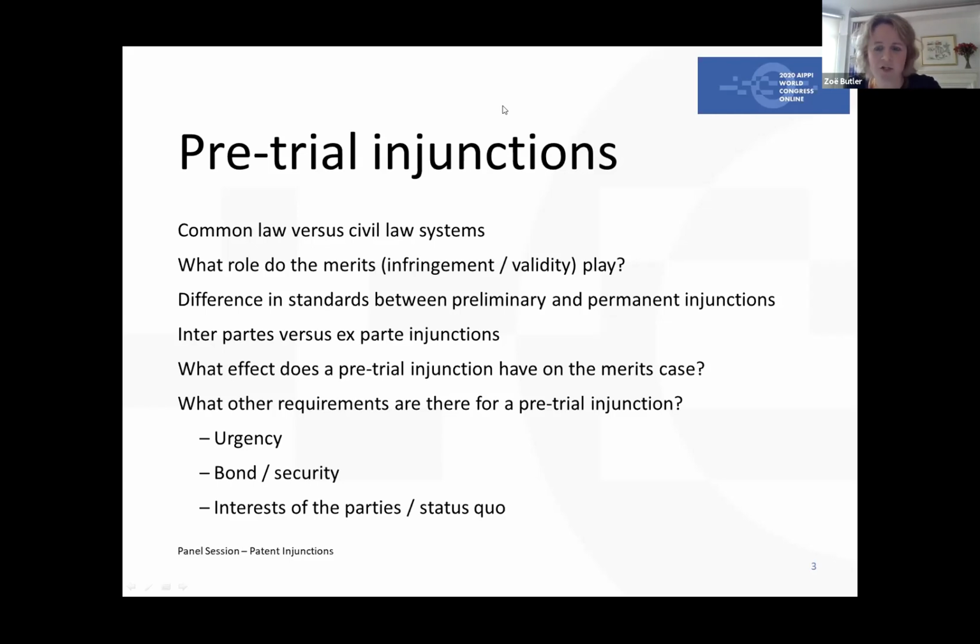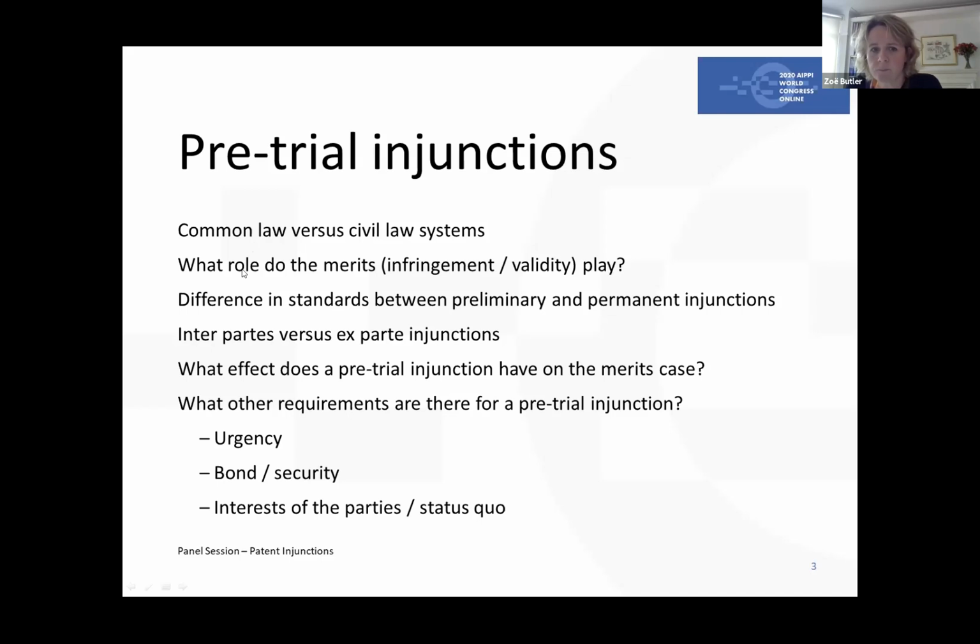You can imagine the argument that the NHS will say that it hasn't had the benefit of cheaper generic products on the market for the duration of the preliminary injunction and has suffered loss. So that's quite an interesting component of this cross undertaking in damages.